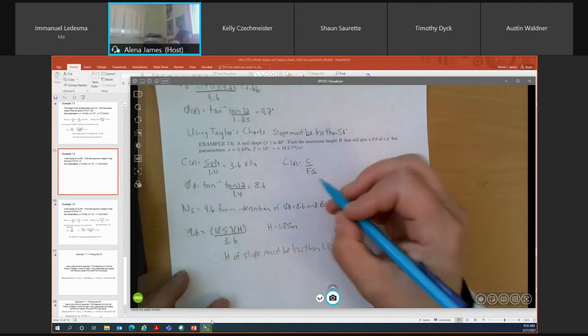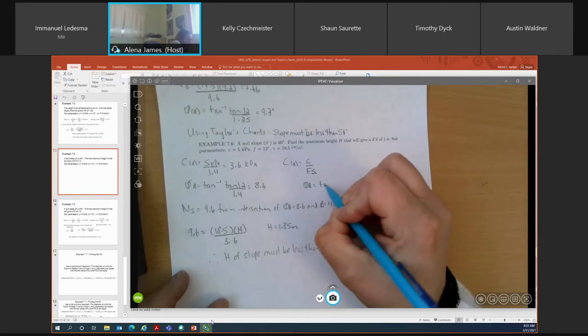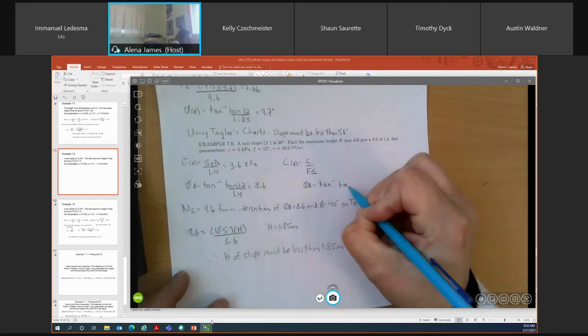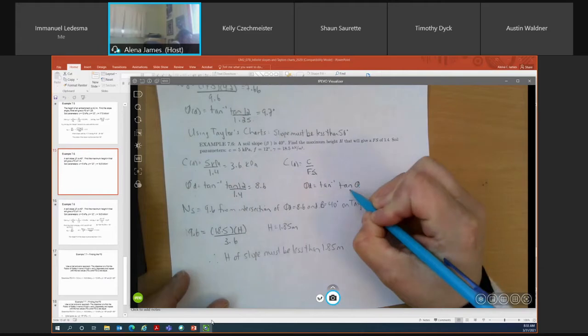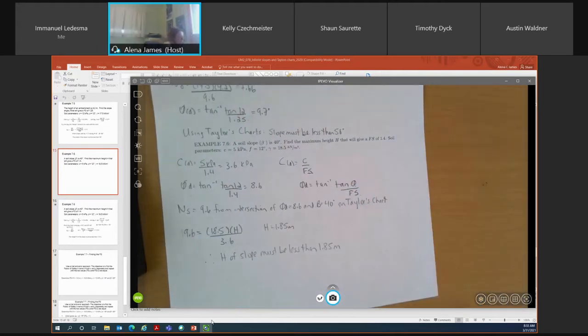We know phi d is equal to the inverse tan of the tan of our friction angle divided by our factor of safety. Our friction angle is 12 degrees and our factor of safety is 1.4. If you solve using these parameters, you can calculate a phi d value of 8.6.